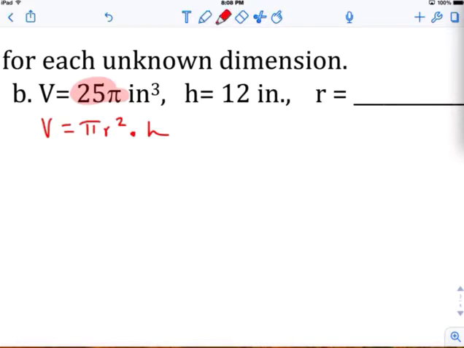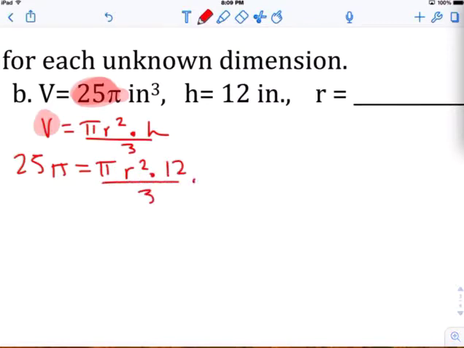So in place of volume, you put that in there. 25 pi equals pi r squared times h. Okay, so pi we know is pi. They want you to leave it as pi, times radius squared times h, which is 12 divided by 3. So times 3 first to get rid of this denominator 3.